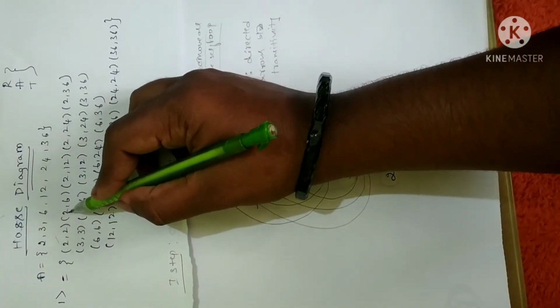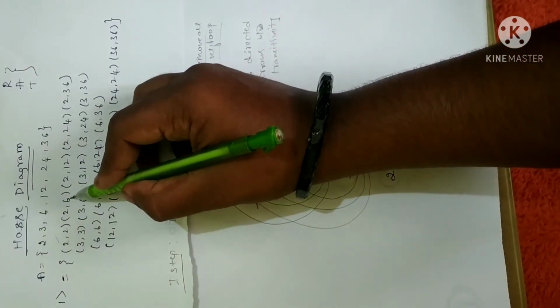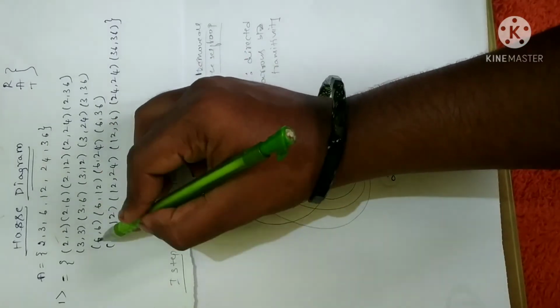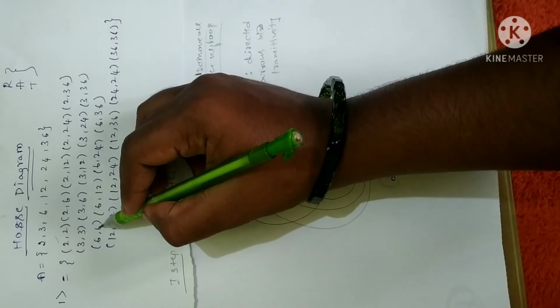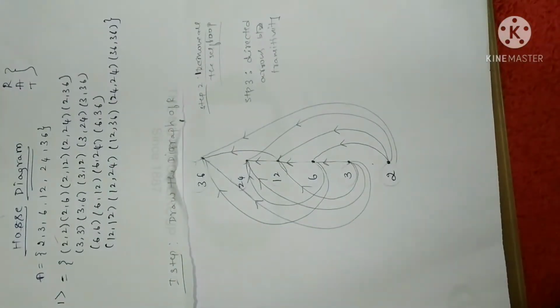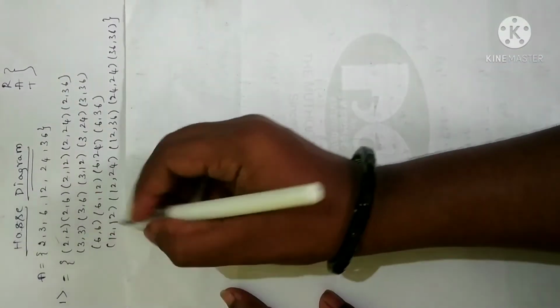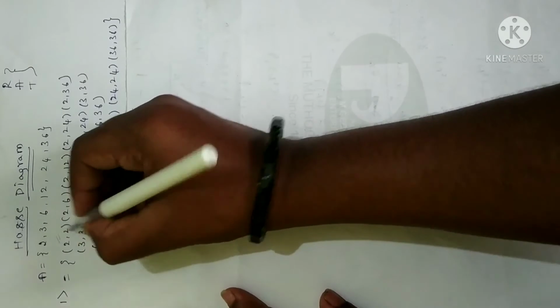Apart from that, if I have 2 to 6, and again 6 to 6 I have, repeated elements, so I have to remove the 2 to 6 arrow. Just for your reference, I will be explaining in detail only for this problem. See here, I'll make a note of the relation again by leaving the repeated terms.